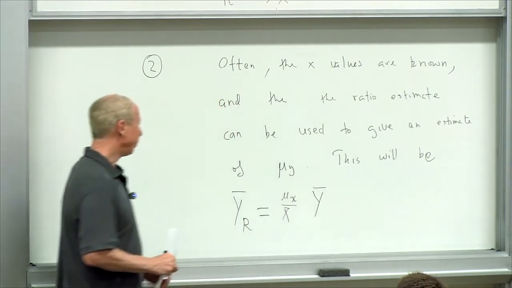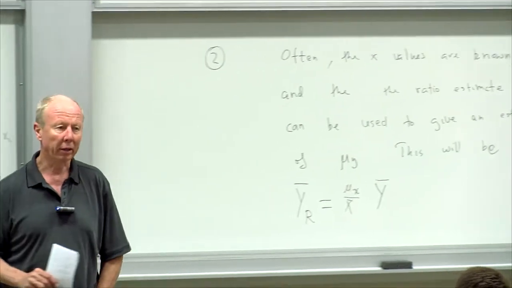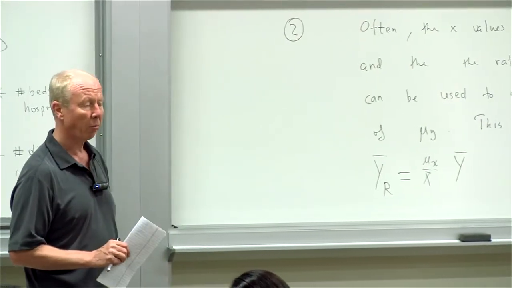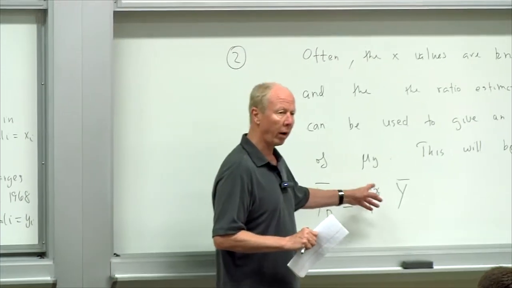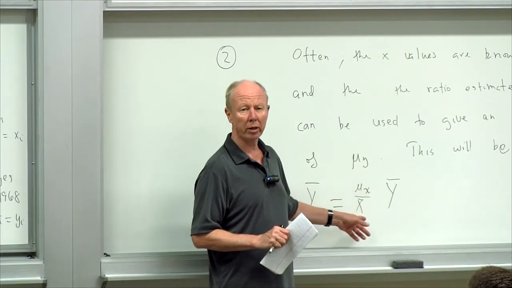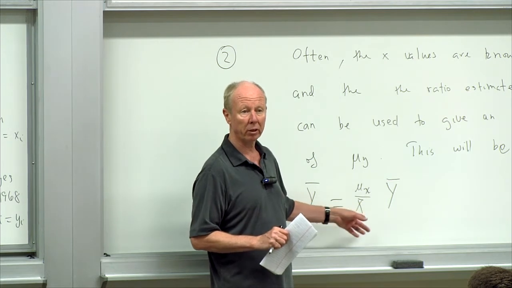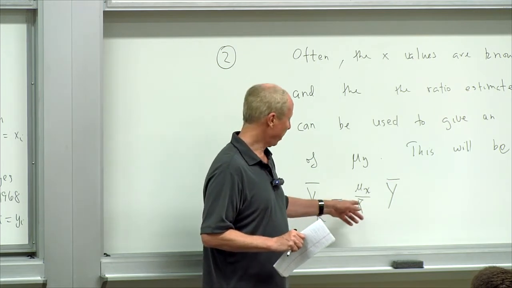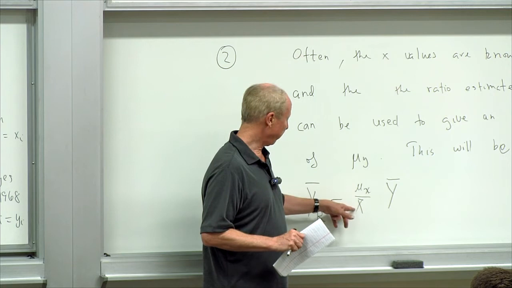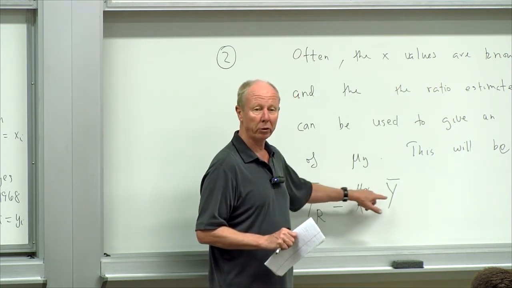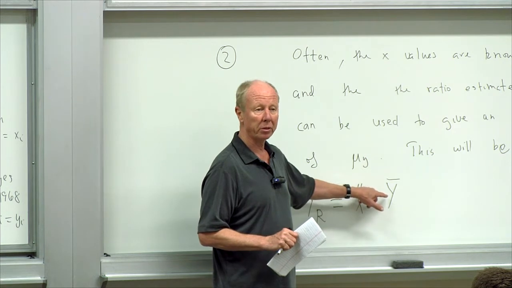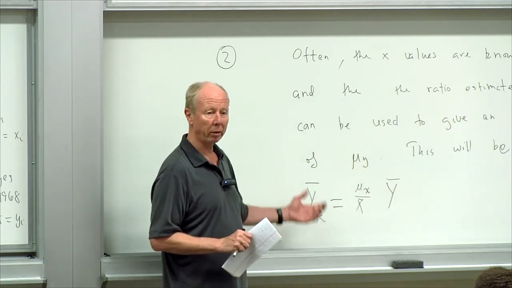Conversely, if you were unlucky and selected little n hospitals and y bar was overestimating mu y, then x bar is probably overestimating mu x because they're positively correlated. And that would mean if this is bigger than that, this ratio is smaller than 1. And so you multiply a number smaller than 1 times this overestimate. That should correct it back to a better estimate.